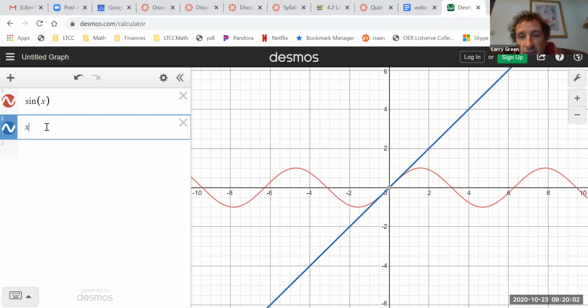Any questions so far? So if we focus at x equals 0, then the tangent line and the curve are close to each other for a while. What do you think? When do they start veering apart?